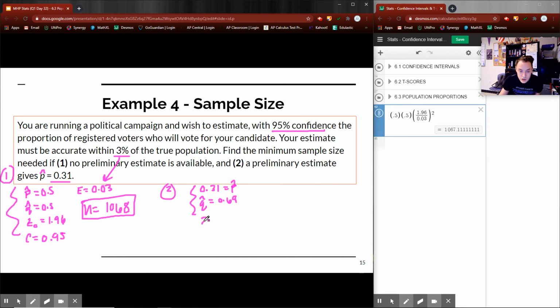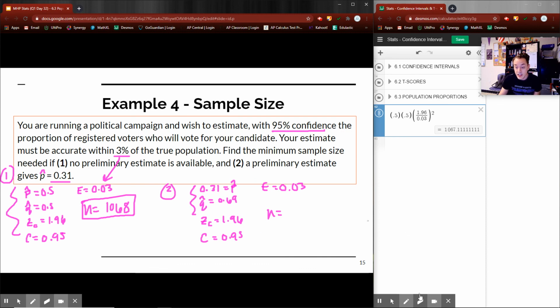But nothing else changes. My z-score is still 1.96. My C level is still 0.95. And then my E is still 0.03, right? So then what is my n? Let's plug all this in, and let's use my p hat as 0.31, and my q hat as 0.69.